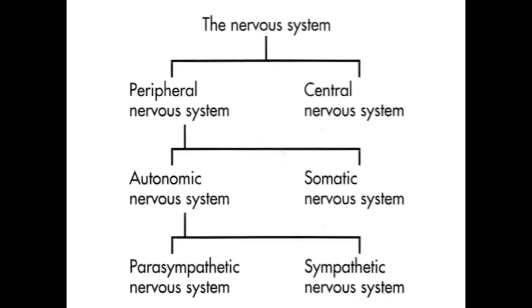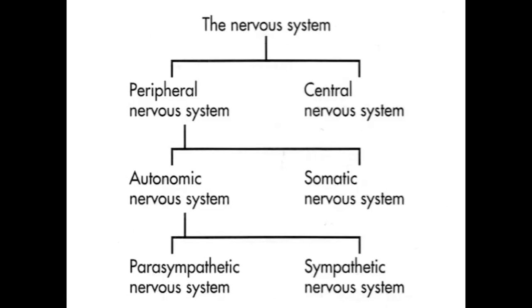Now, the nervous system is broadly classified into the central nervous system and the peripheral nervous system. The peripheral nervous system further is divided into somatic nervous system and autonomic nervous system. And this autonomic nervous system is classified into sympathetic and parasympathetic nervous system.